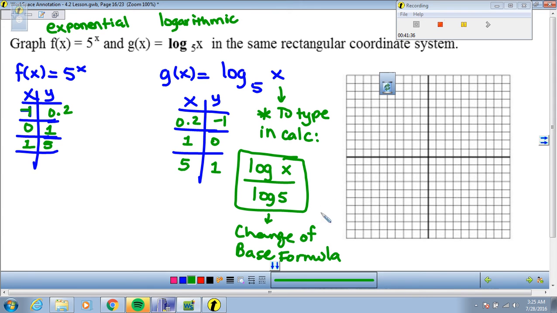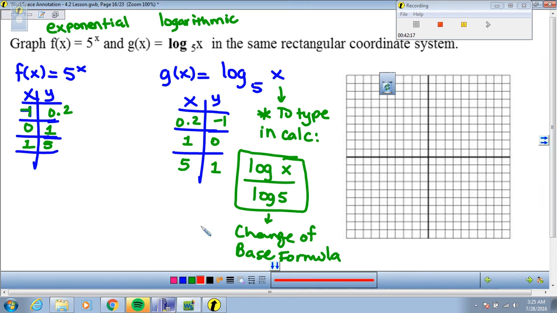Well, exponential and logarithmic functions are inverse functions of each other. That's a concept that you must know, and you need to memorize it for later uses. Exponential and logarithmic functions are inverse functions of each other. That's the reason that, if you remember the sections about inverse functions, we said the domain of the original becomes the range of the inverse, as well as the range of the original becomes the domain of the inverse. They're switched. Your x and y values are switched, basically, in inverse functions.